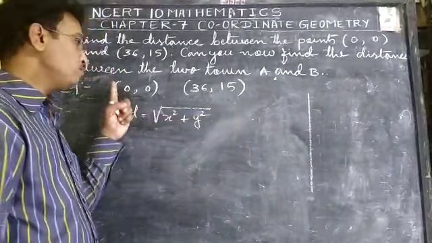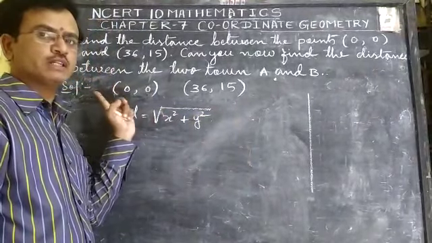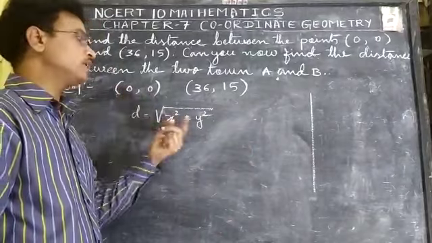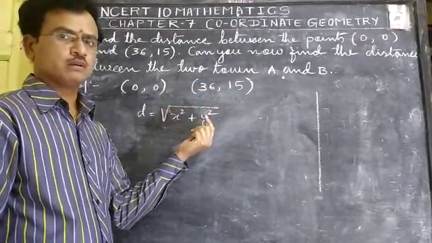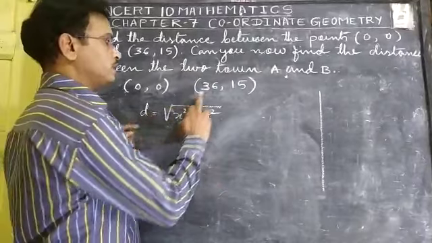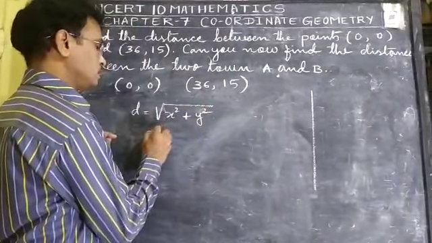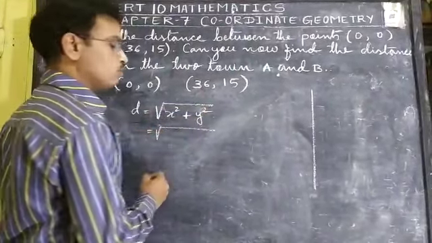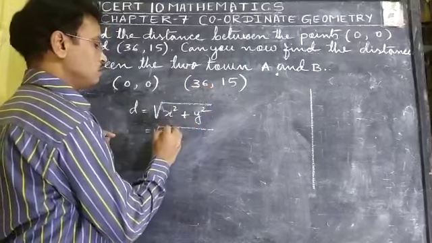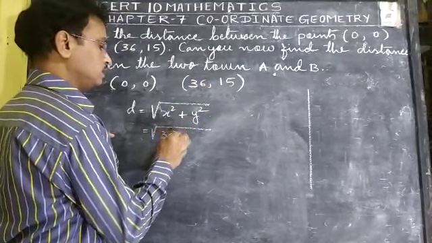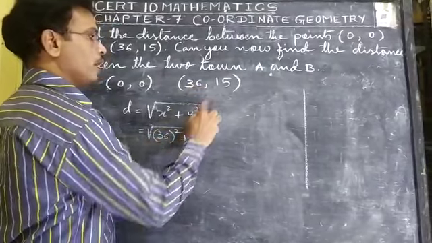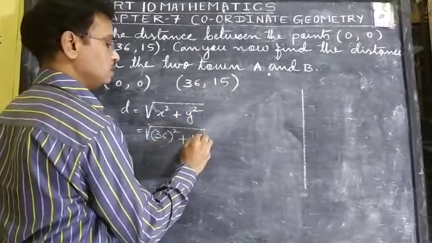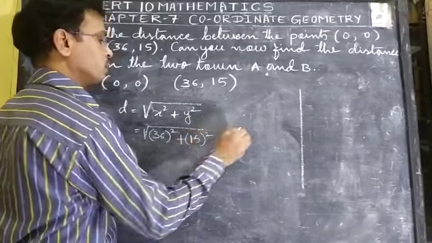When both coordinates of one point are 0, we can directly use this formula. Here x is 36, so we keep the square root symbol as it is and take 36 whole square plus y, that is 15 whole square.